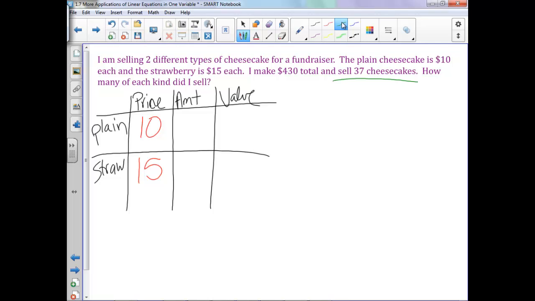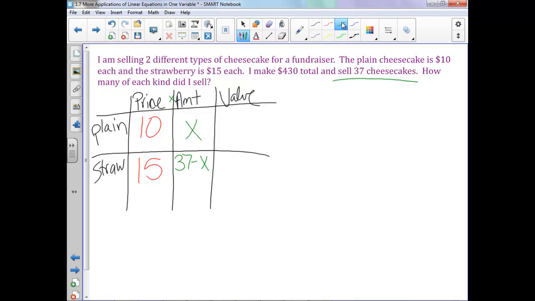So we don't know how many plain we sold, so we can call it an X. But we know we sold 37 total, so it's 37 minus however many plain we sold, which was X. Because, for example, if you sold 5 plain cheesecakes, you would have 32 strawberry cheesecakes.